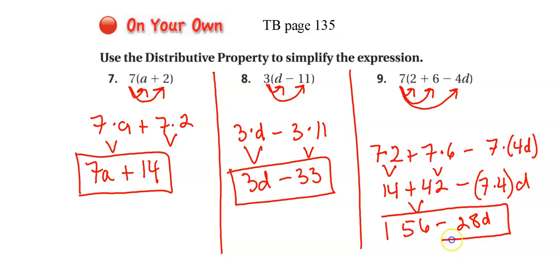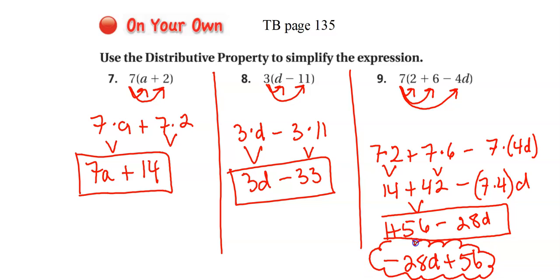Now, usually you write the term with the variable first, which was kind of weird for you guys because you really haven't seen negative numbers, but I would write negative 28d, even though I don't see it there. I know there's a plus sign. Mostly you would see it this way, but I expect you guys probably to put your answers in the box with 56 minus 28d.